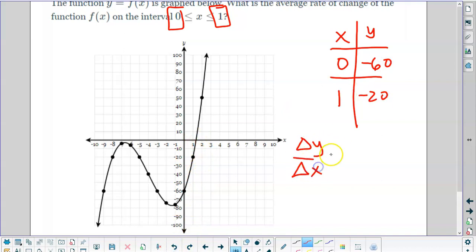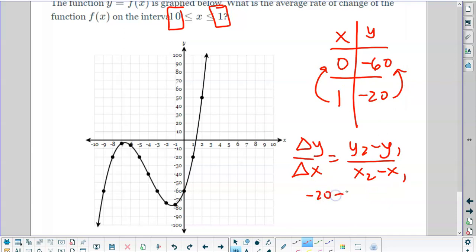And some of you will use this value, some of you will use the actual formula if you need to write it out the long way, but it is y2 minus y1 over x2 minus x1. So y2 is negative 20 minus y1 is negative 60, and x2 is 1 and x1 is 0.